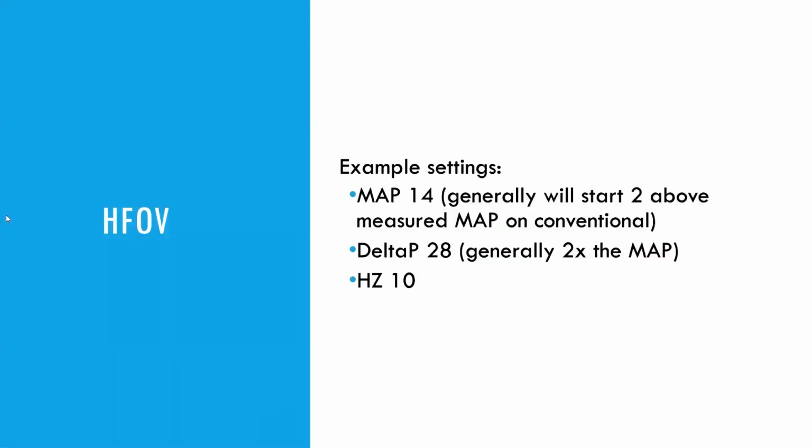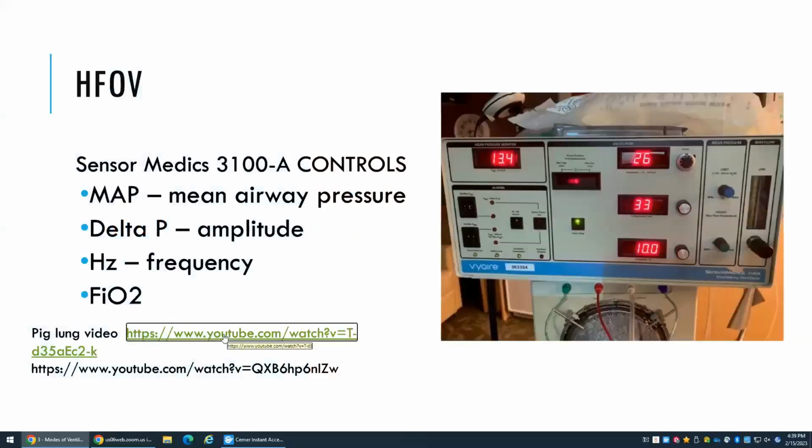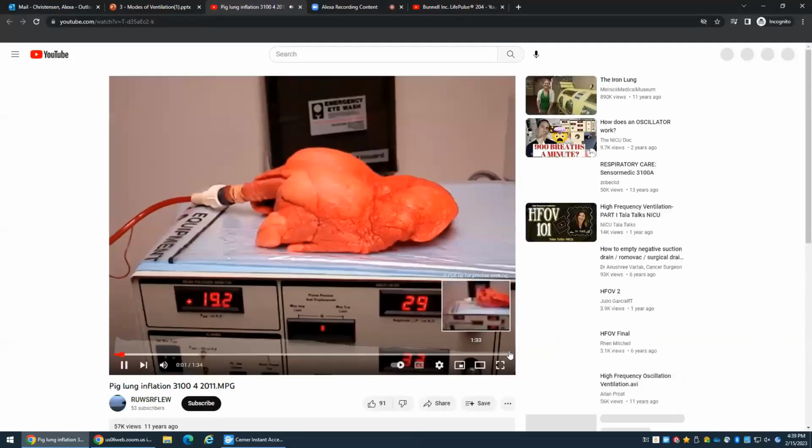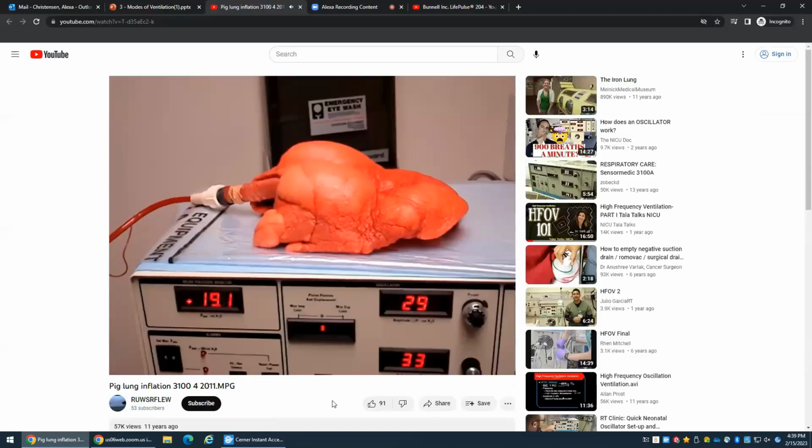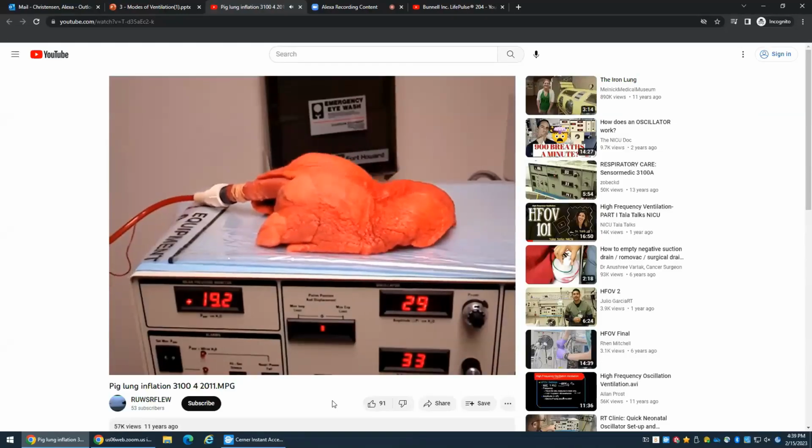Just 1 second here. So right now, this pig lung is being ventilated just with a regular ventilator, just the way you and I breathe.